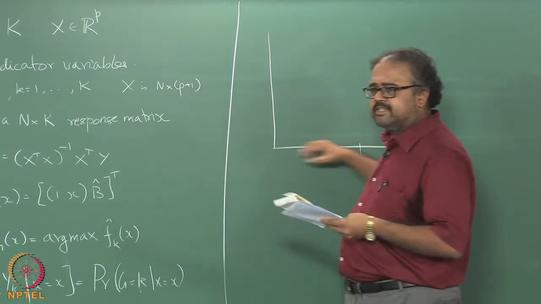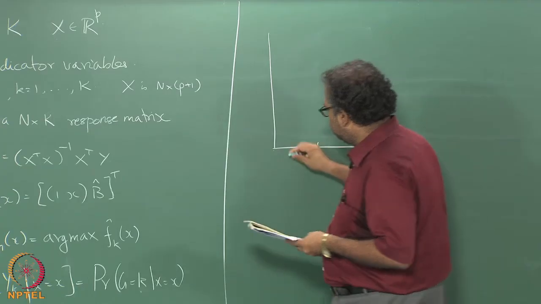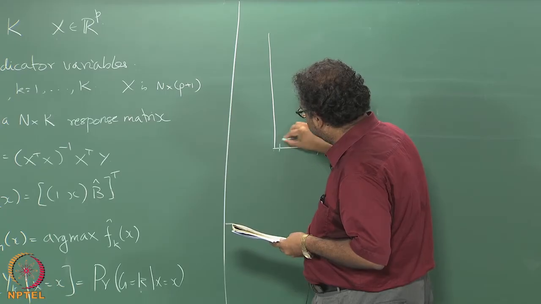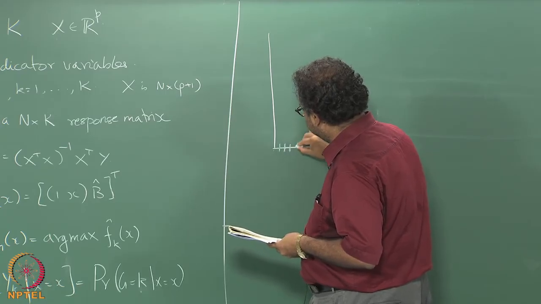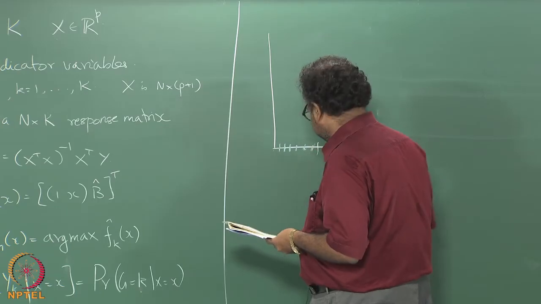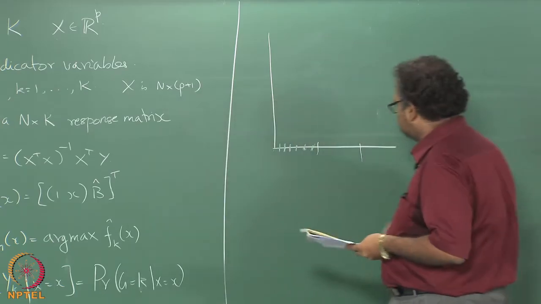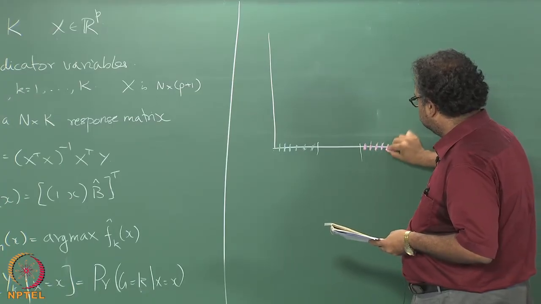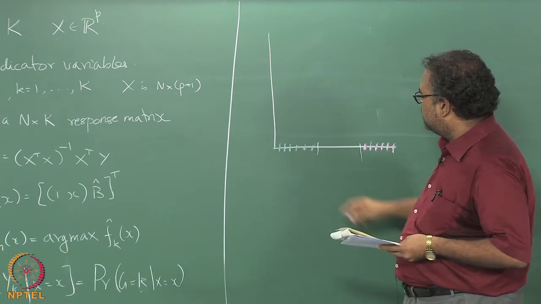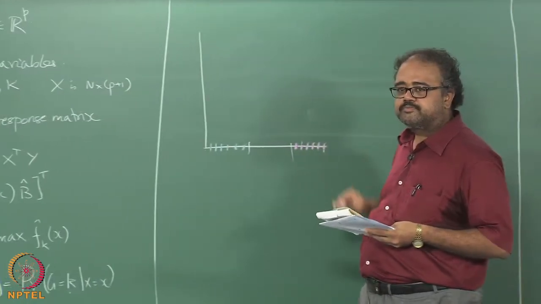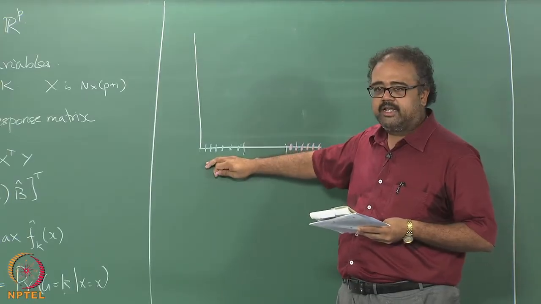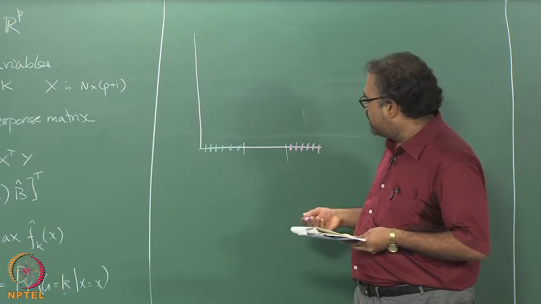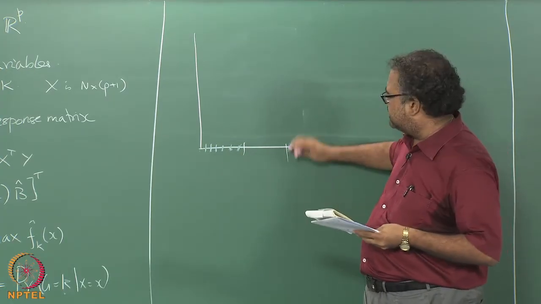So, I am going to assume there is a single input direction. Let us say that there are data points here that belong to one class, and data points here that belong to another class. Let us say this is encoded by pink.